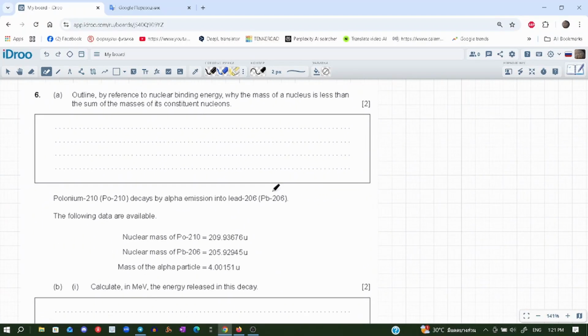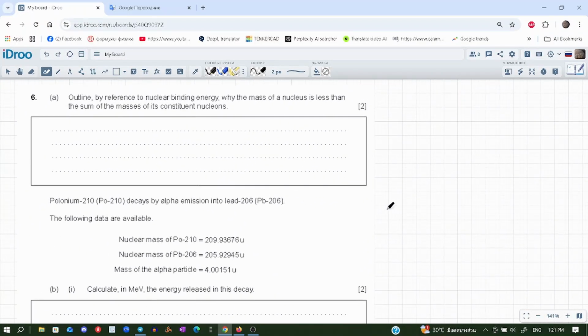And the last one, number 6: outline by reference to nuclear binding energy why the mass of a nucleus is less than the sum of the masses of its constituent nucleons. We know again that delta E equals delta m c squared. Energy is released when nucleons come together.